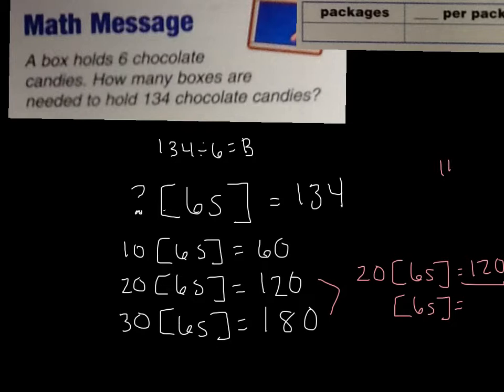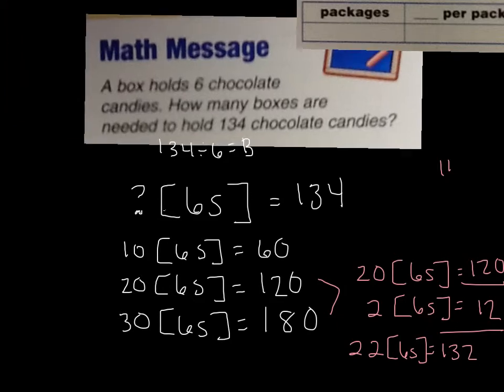Oh, so it looks like only 2 more 6s will give us 12, which means now we're at 132. So we know that 22 sixes is 132. We couldn't do another 6 because that would put us at 138, and that goes over the amount.